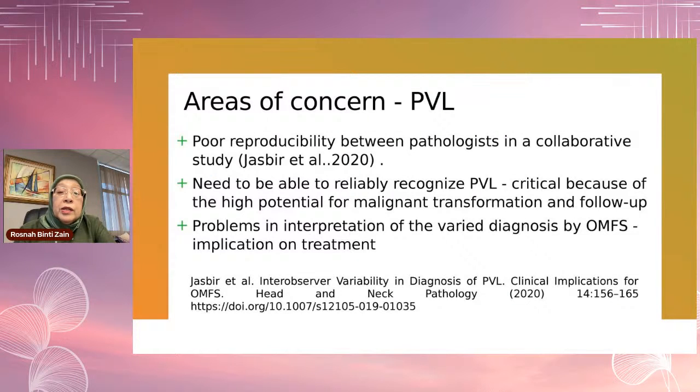Yeah, so the areas of concern are that there's poor reproducibility between pathologists in a collaborative study, and they need to be able to reliably recognize PVL, critical because of the high potential of malignant transformation and follow-up, and problems in interpretation of varied diagnosis of oral maxillofacial surgeons and implication on treatment.